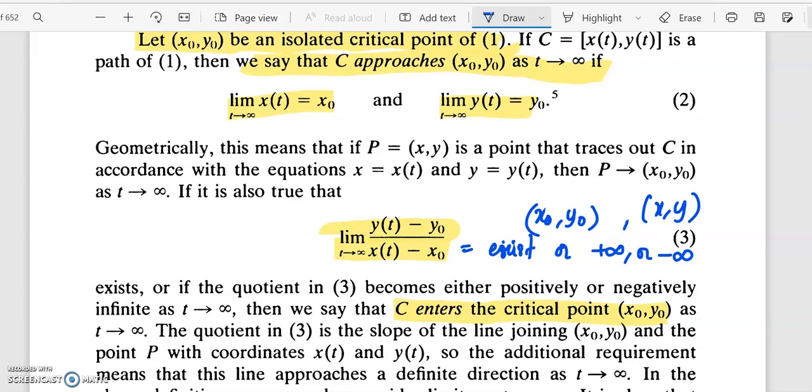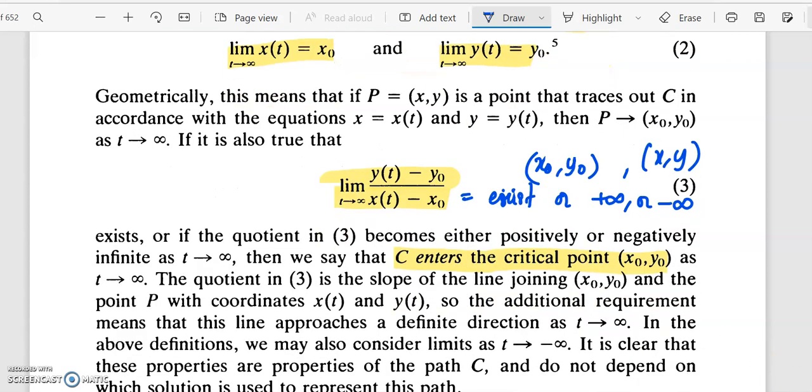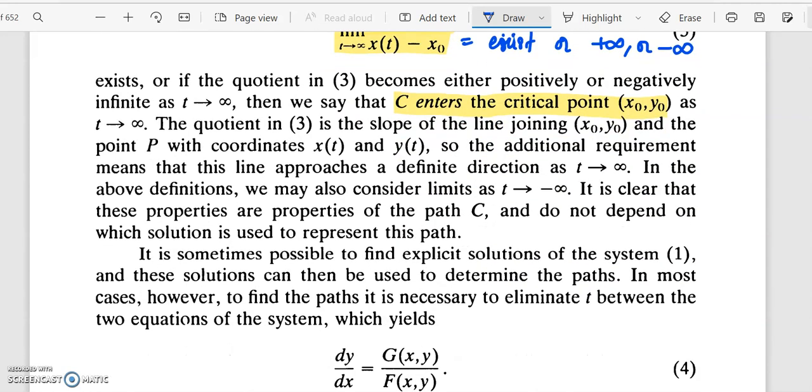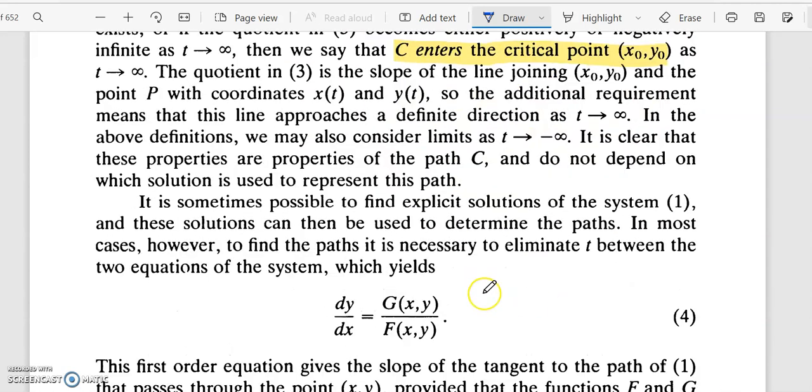We need not always be able to find the solution in the form x equal to x of t, y equal to y of t. If we can, we can look for the behavior near the critical points, since we have directed paths in those cases. Now if you cannot find x equal to x of t and y equal to y of t, then we can eliminate t from the equation.